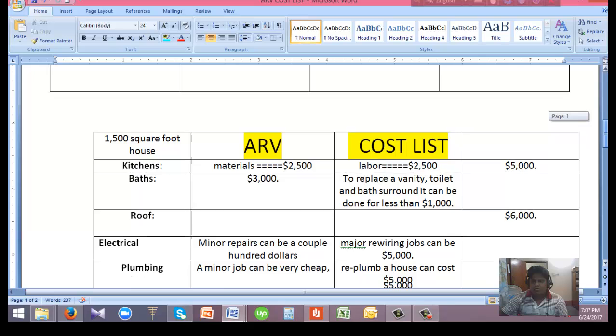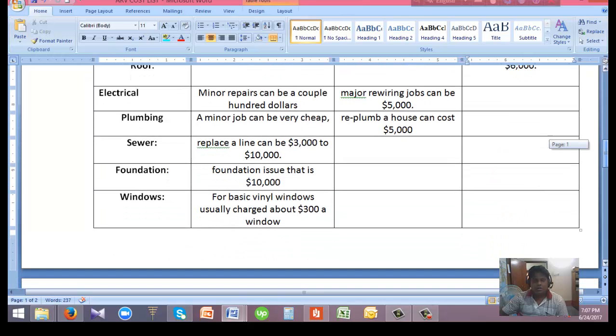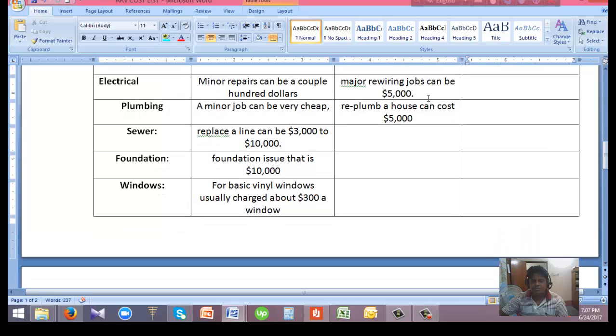Another way we can get an idea about the after repair value: kitchen may cost $5,000, bath $3,000, roof $6,000, electrical installation $5,000, plumbing $5,000, sewerage $10,000, foundation $10,000.